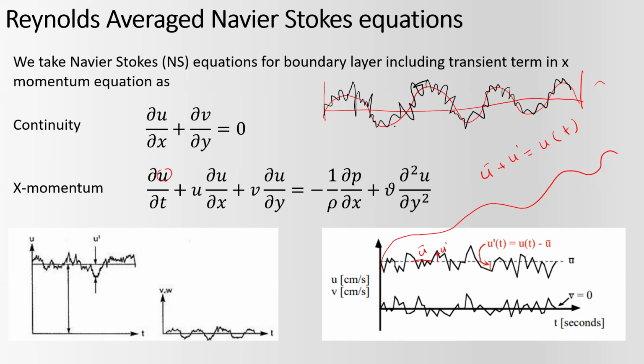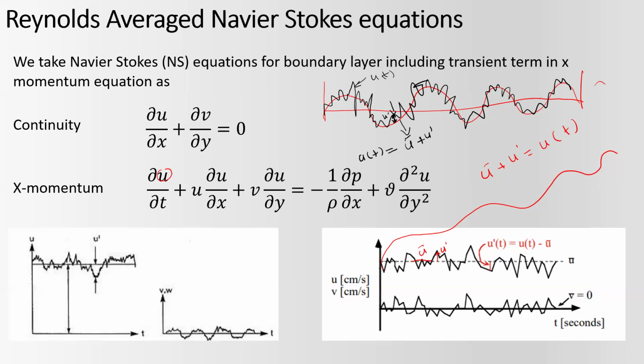So at any point, this is your mean value, because the actual value was this one. The black color was u of t, the instantaneous velocity. So we divided it into two components: the mean velocity and the change. Not this value anymore; we are adding the change to the u bar, and this now represents u of t.